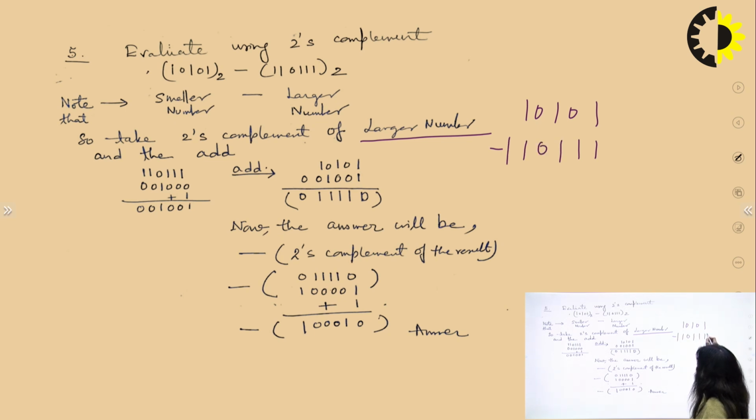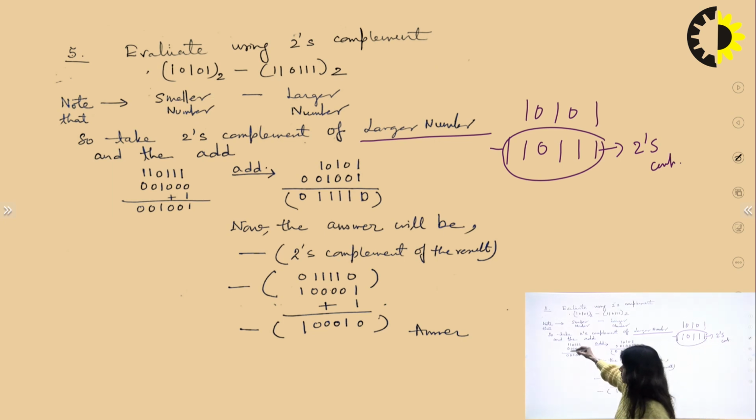Now we will take the 2's complement of this number. So we have just inverted the bits, so we have 1 0 1 0 1 0 0 1, converting 1 to 0 and 0 to 1, and then adding 1.